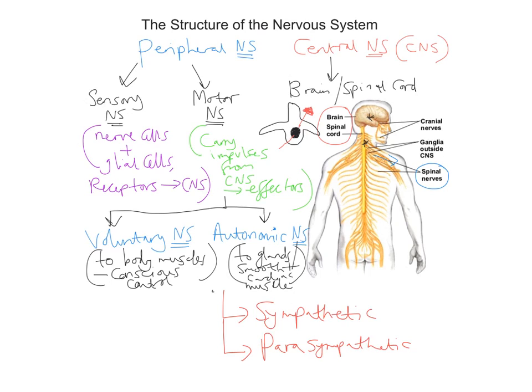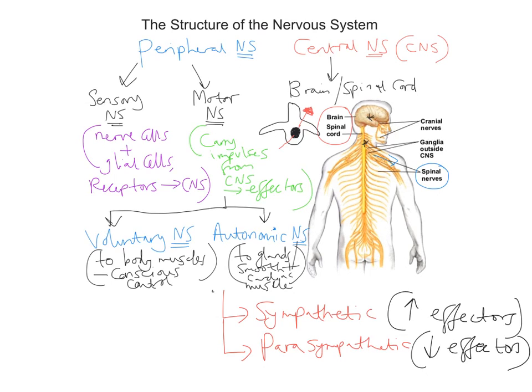So the sympathetic is the one that stimulates. I'll just put an arrow for stimulates, so it increases the activity of effectors. It stimulates the effectors, whereas the parasympathetic is the one that slows activity, and it reduces or inhibits the effectors.